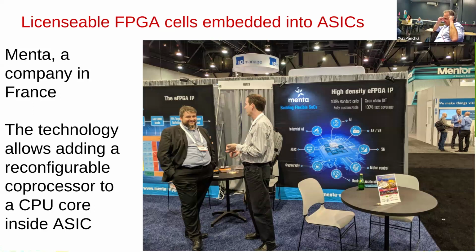So you have a powerful but fixed ASIC around, and you have FPGA cells inside, and you can easily reconfigure those FPGA cells. And they sell it as soft IP to large electronic companies who want to have such a combination. And there are several startups like this on the market right now.